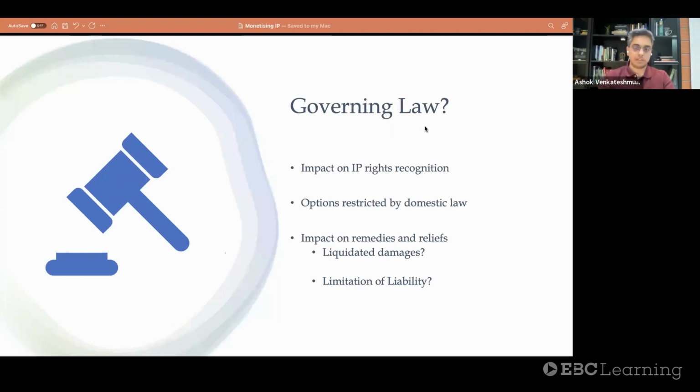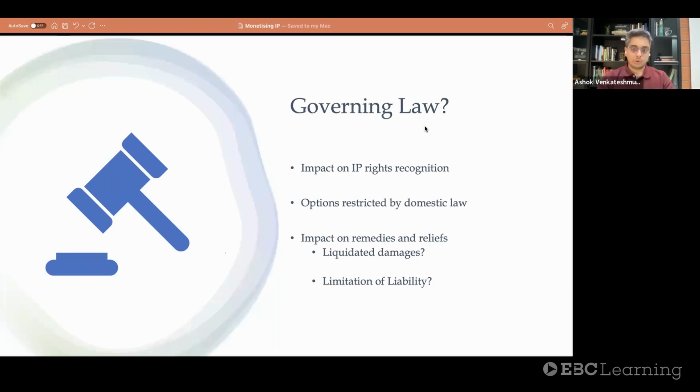It's a capping of liability. So if I am entering into a contract with someone and I say that the licensing fee and the royalty is going to be, say, 200 rupees per month, the limitation of liability clause says that the liability cannot exceed 200 rupees per month. That's the basic principle.